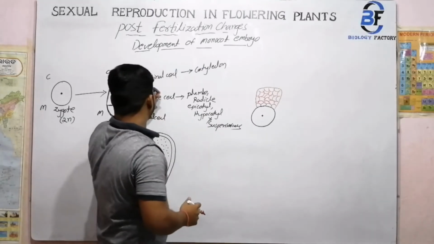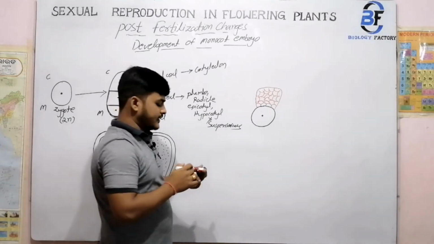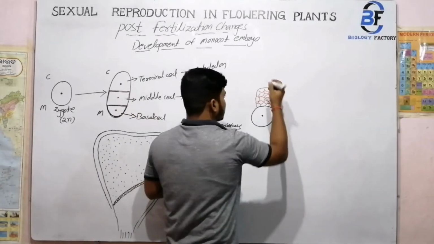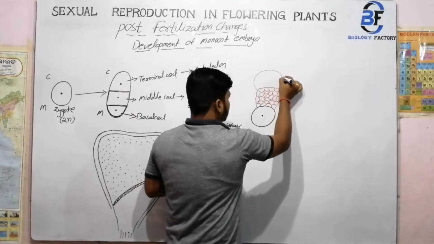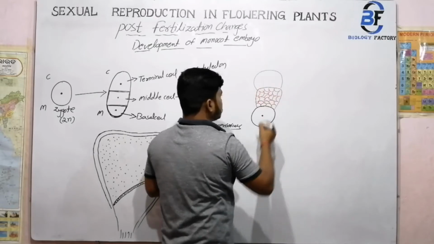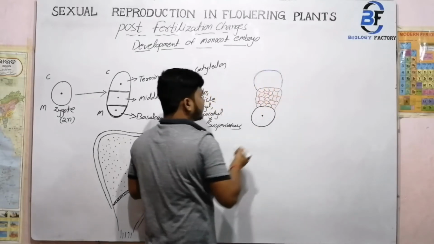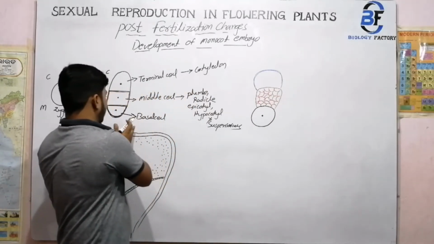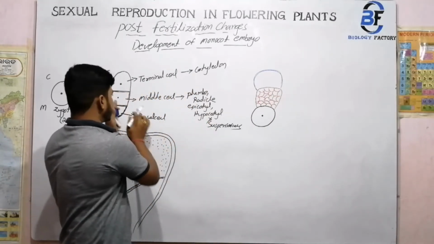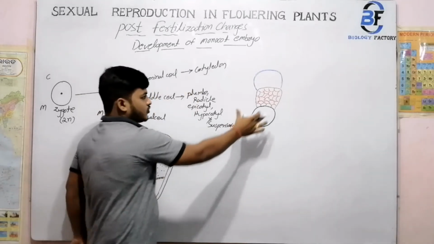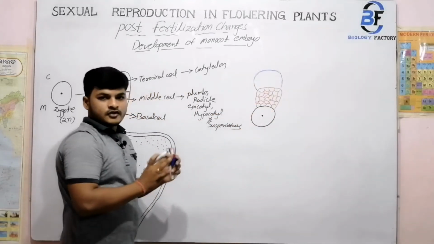Here is your basal cell, here is your middle cell. Next, the terminal cell. The terminal cell simply forms the cotyledon. A single thing is formed over here. So here is your cotyledon. So these changes take place from the basal cell to itself, the middle cell to all these structures, and the terminal cell to the cotyledon.